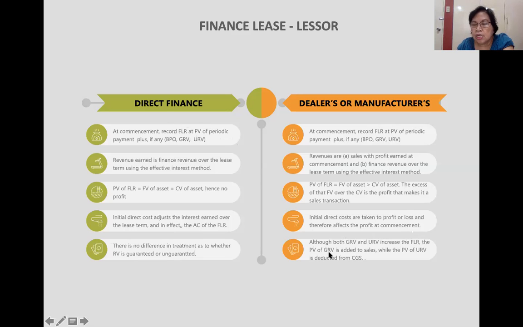because they are included here. The present value of the guaranteed residual value is actually included as part of the computation of sales, while the present value of the unguaranteed residual value is deducted from cost of goods sold. Therefore, whether the residual value is guaranteed or unguaranteed, you will be arriving at the same amount of gross profit.